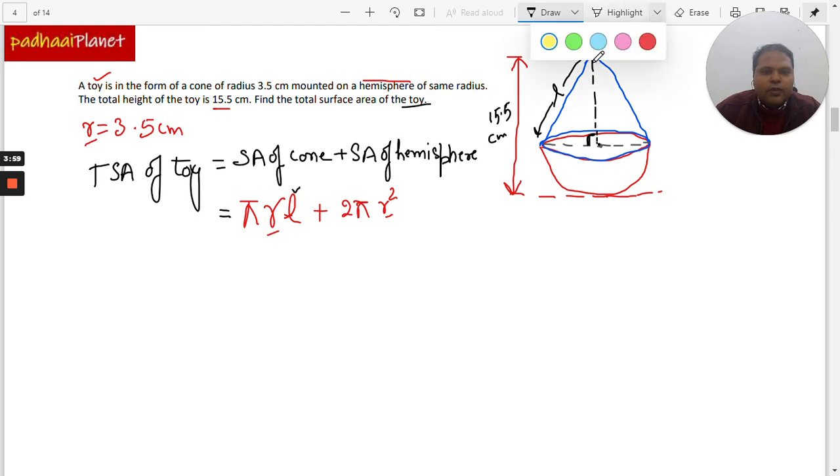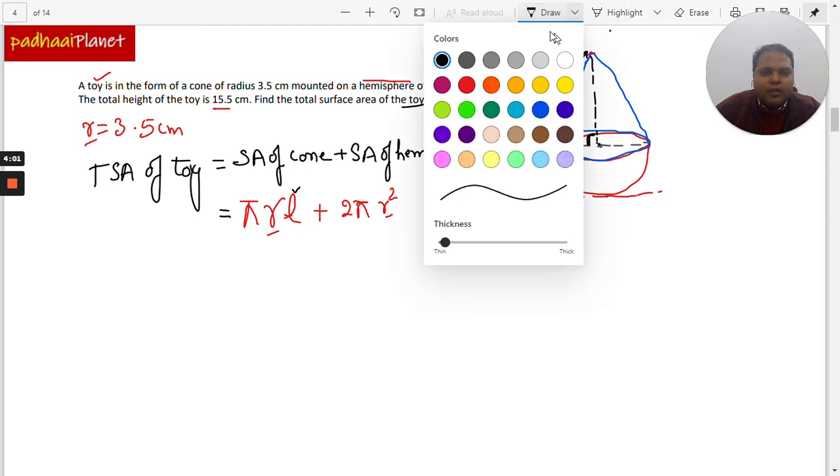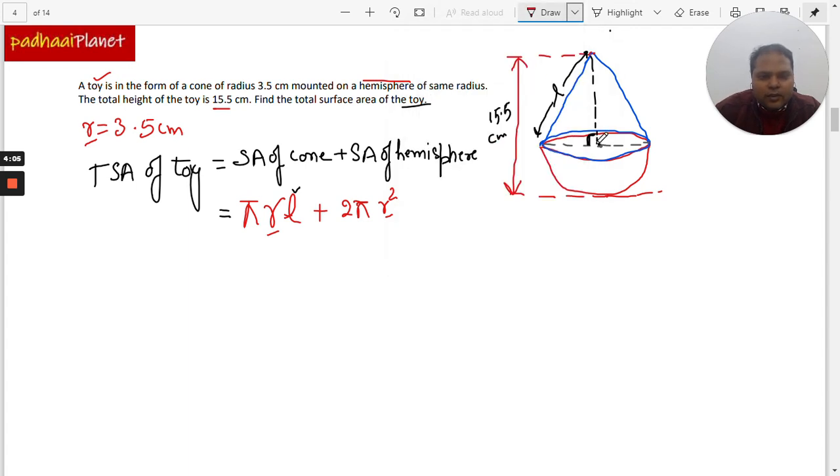So suppose we have got a right angled triangle here, and this is the center of the circle. Suppose this is O, this is A, and this is B. So our triangle AOB is a right angled triangle.